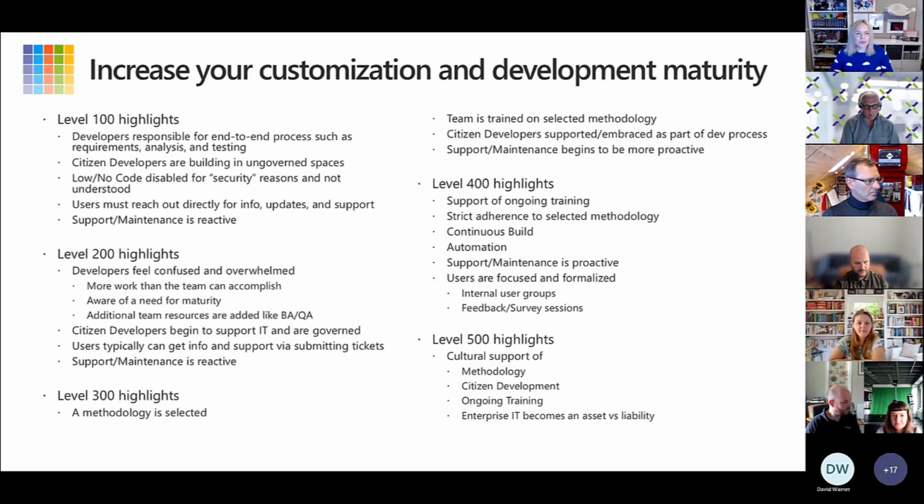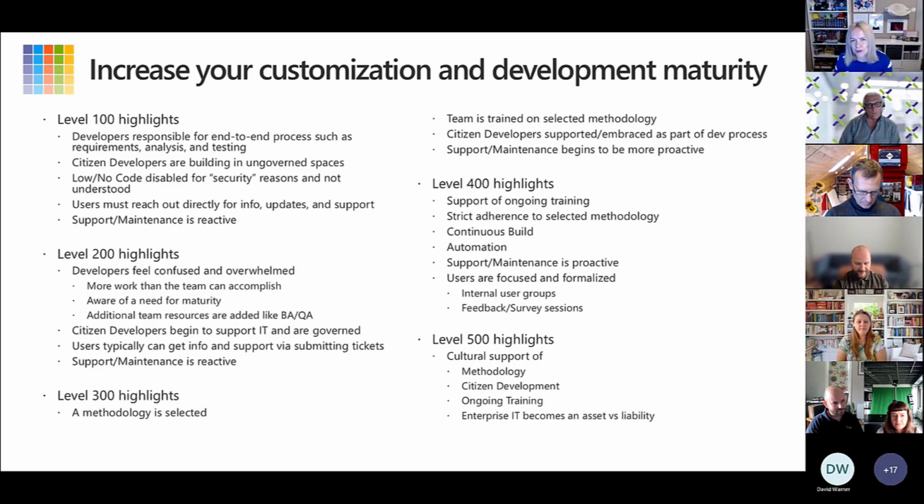Right, okay, so today we're talking about how you can increase maturity across customization and development. As you might have guessed from my intro, I'm not going to talk to you about coding standards, source control, DevOps, platforms, languages. All of those things are obviously important, particularly as you move up the maturity curve, and I think you need to know which of those things you're working with.